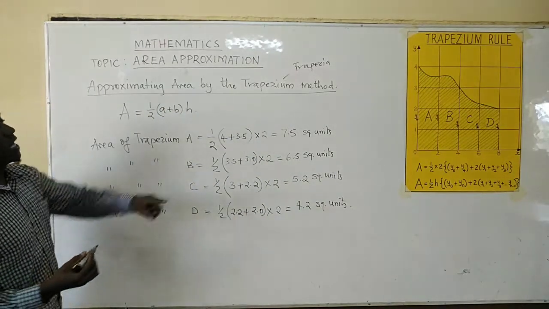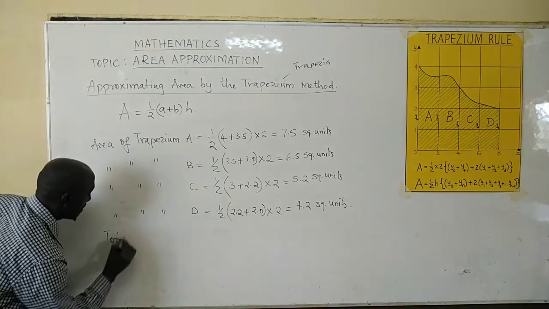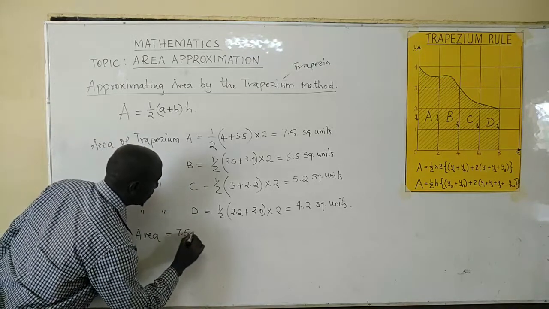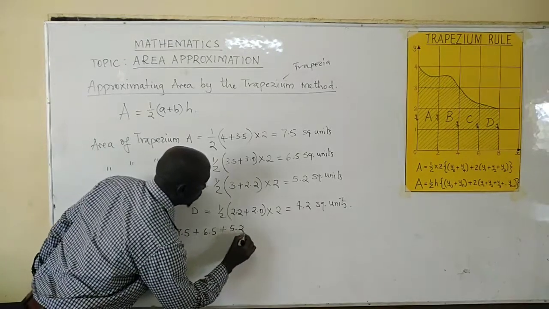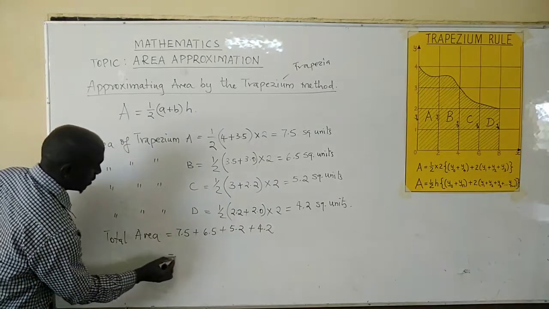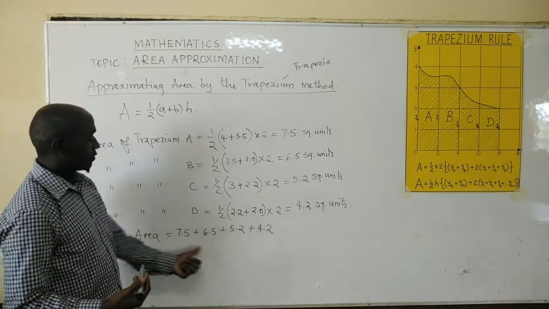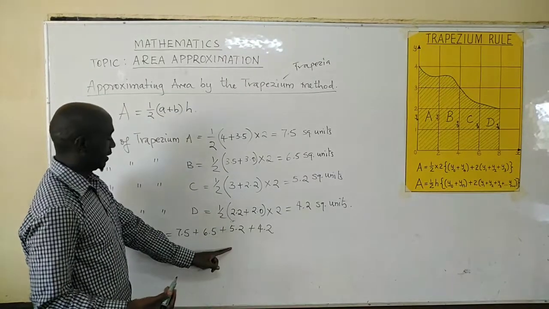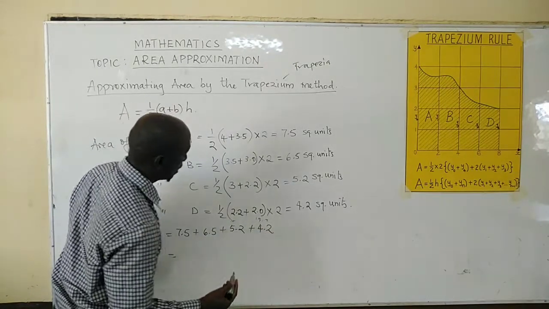Then now, to get the total area of that shape, you add the 4 areas. So the total area, my dear learner, will be 7.5 plus 6.5 plus 5.2 plus 4.2. What does that give you? 7.5 plus 6.5 is 14. 14 plus 5.2 is 19.2. 19.2 plus 4.2 gives you 23.4.